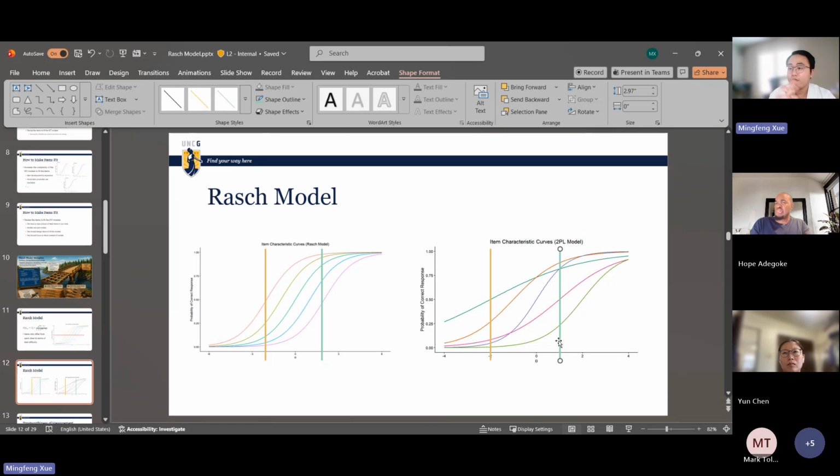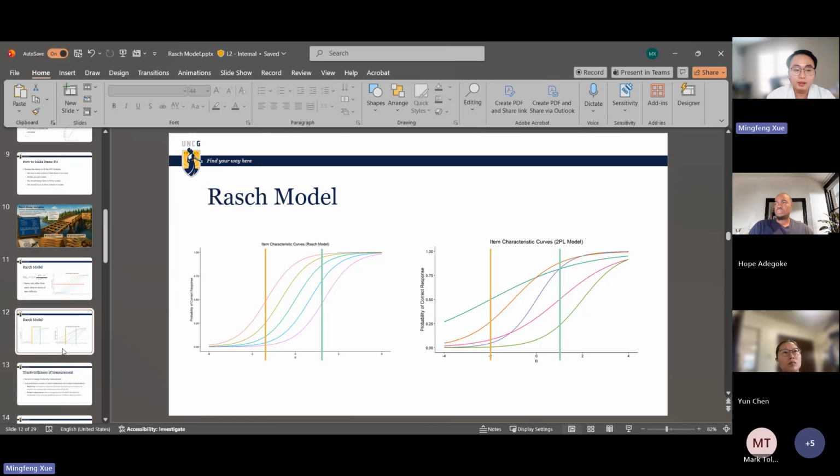As we know, item difficulty is inherent, a characteristic of the item. Therefore, its interpretation should not change depending on the persons. But this is one of the issues with the 2PL.